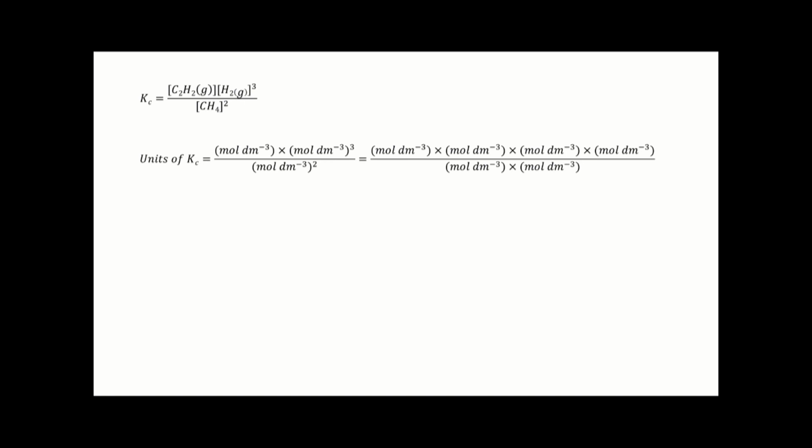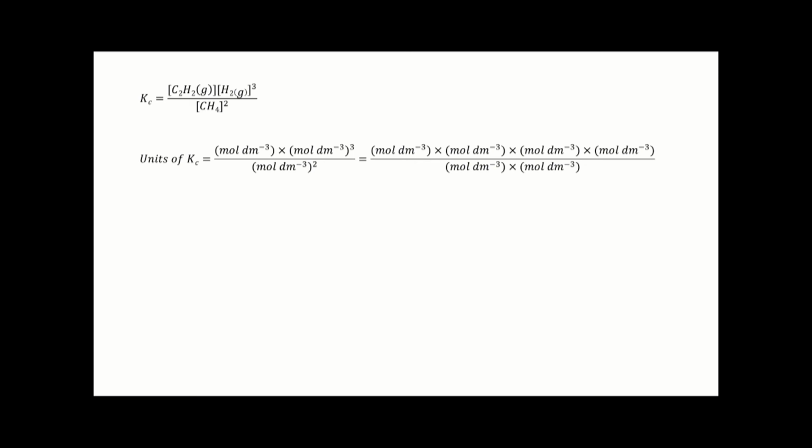Okay, and basically in this case, what I'd do is I'd actually just write it out a little bit. If you're unsure, write it out in full, as you can see I have done on the right hand side there. So moles per decimeter cubed times moles per decimeter cubed is actually moles per decimeter cubed to the power of 4. And then you can see on the bottom it's squared.